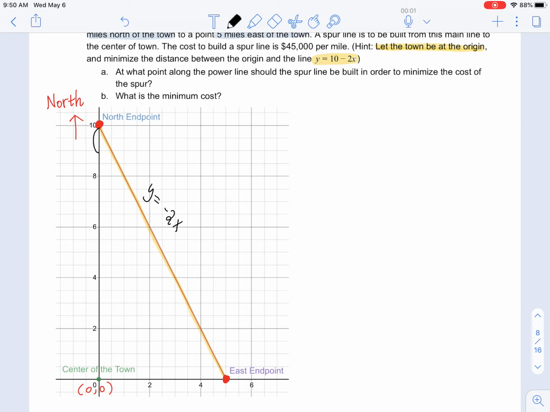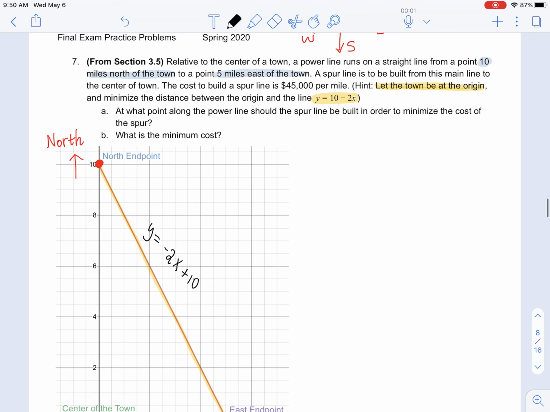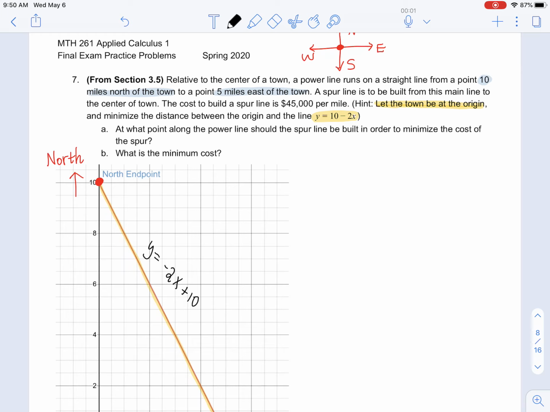It's going down 2 over 1 to the right. So the slope is -2. But what is the y-intercept? The y-intercept is at 10. I'll give you on the exam what the equation of the line is so that you can just use it, but you know exactly where y equals 10 minus 2x came from. So that is the equation of a power line.